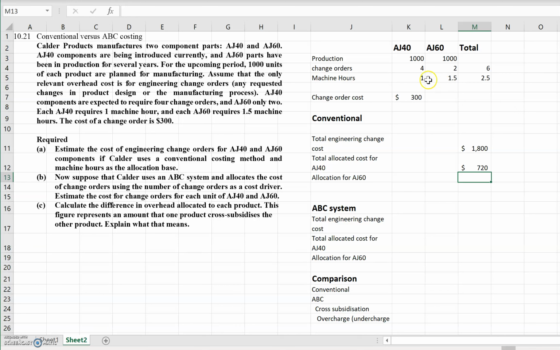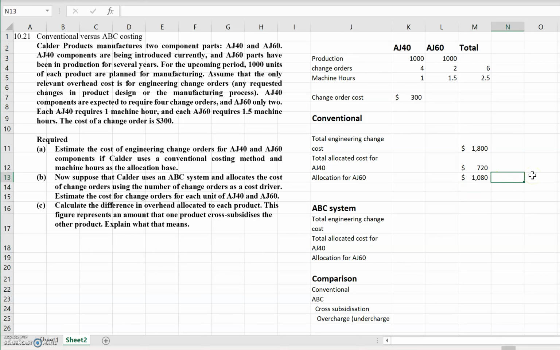Now just to recap, we've got 2,500 machine hours all up, haven't we? We've got 1,000 machine hours there and 1,500 machine hours there. That's where I get the 2,500 from. So the allocation for AJ60 is simply going to be the difference between these, which is 1,080.